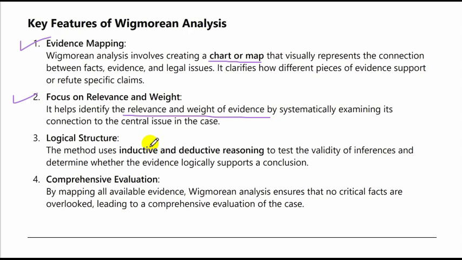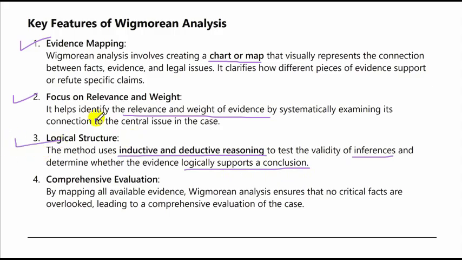The Wigmorean analysis method uses inductive and deductive reasoning to test the validity of inferences and determine whether the evidence logically supports a conclusion.